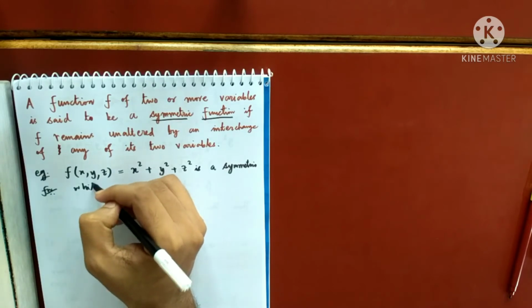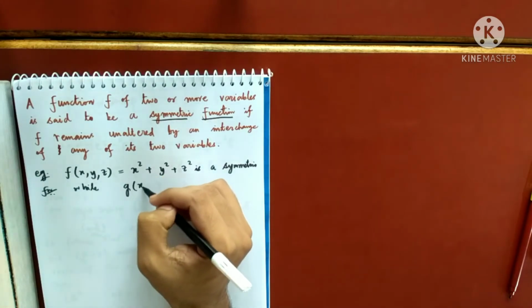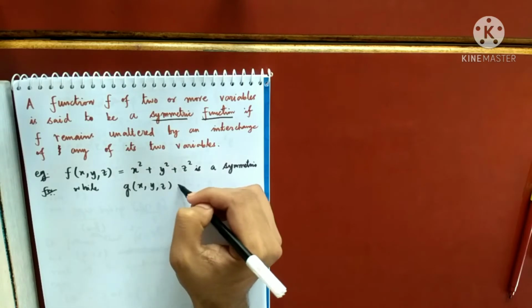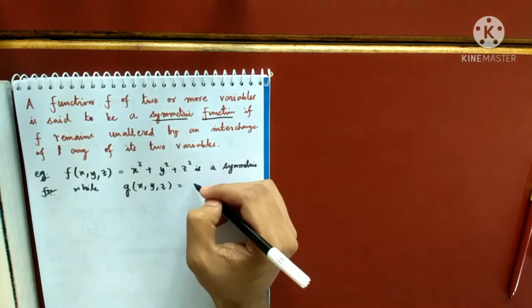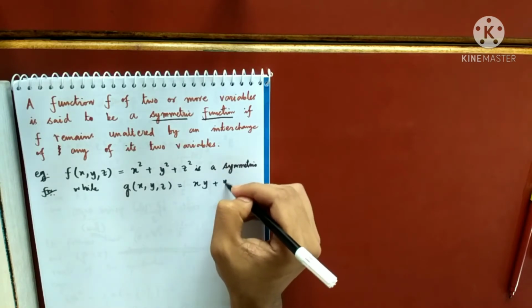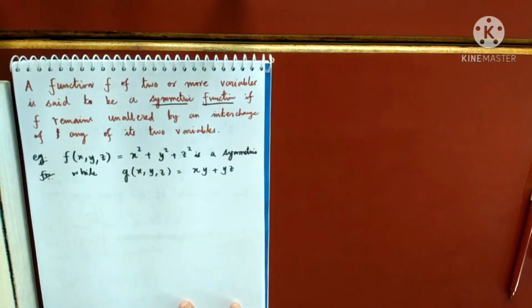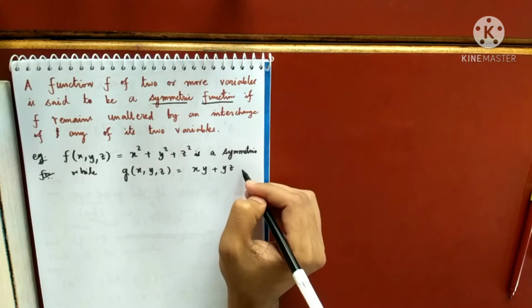While consider this function g of x comma y comma z equals, suppose you take, xy plus yz. This is not symmetric. I'll tell you why.